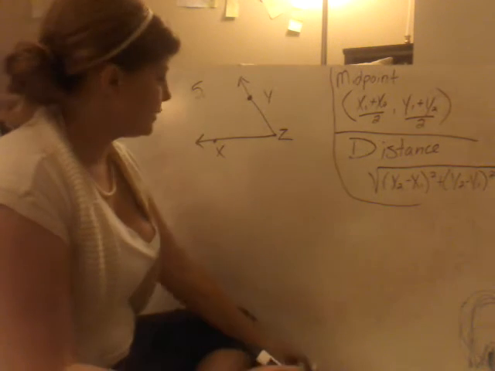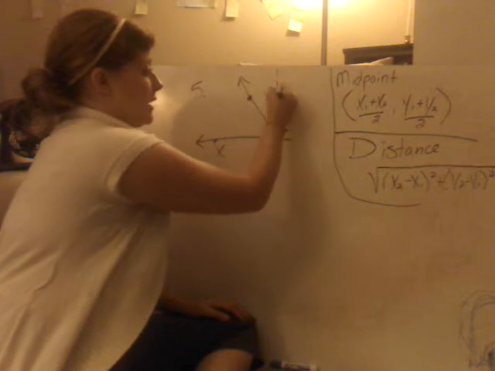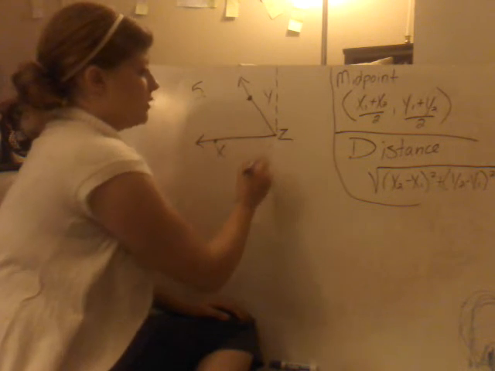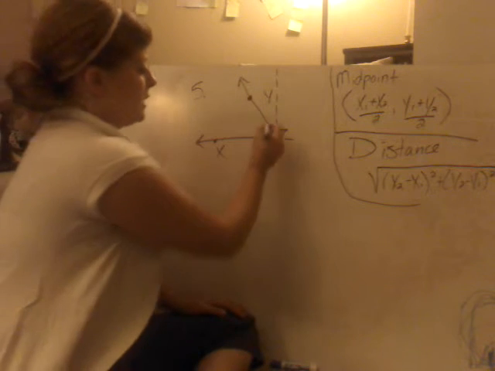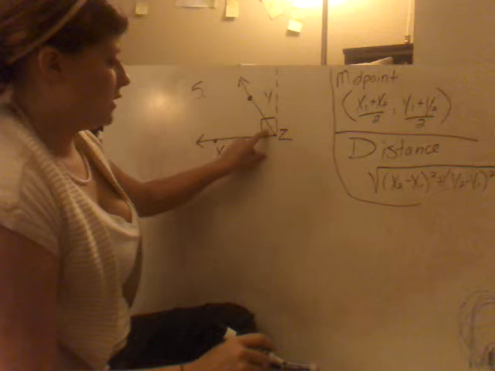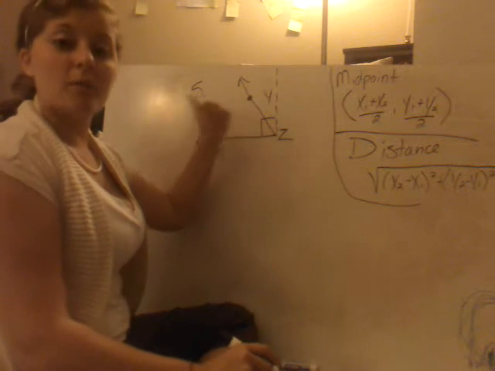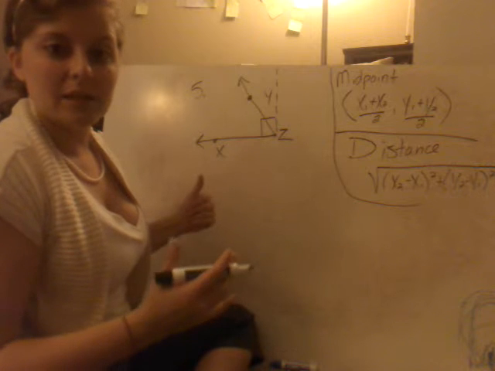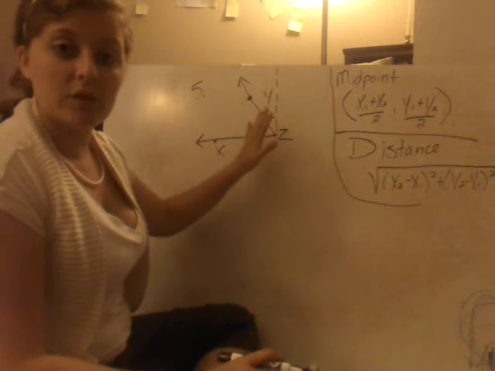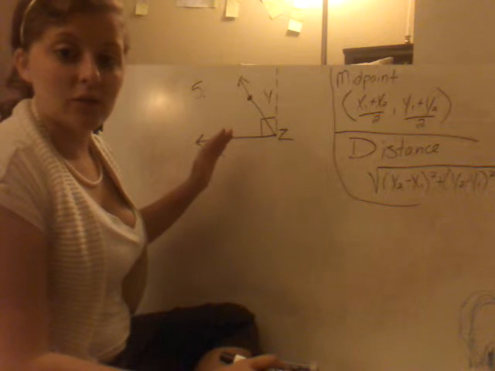Also, looking at this, I can guesstimate whether or not it's a certain type of angle, because I can put in my imaginary 90-degree line, and there's my 90-degree angle. I see that it is less than 90 degrees just because it's going backwards. Doesn't mean that it's any different than normal. If I flip this around and I still put in my imaginary line, it would still be less than 90 degrees.